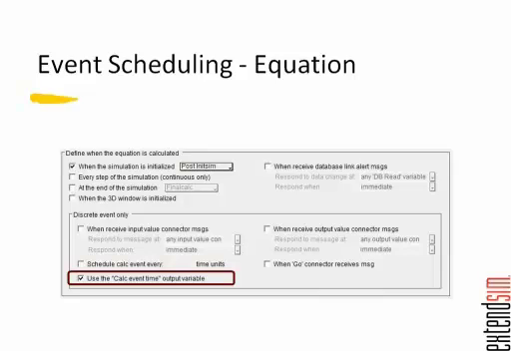So I can tell the executive to record a future event for this equation block based on the value of this variable. Then I've also said that the equation is going to calculate at the start of the simulation. And I want it to do this so that I can set our first equation calculation.